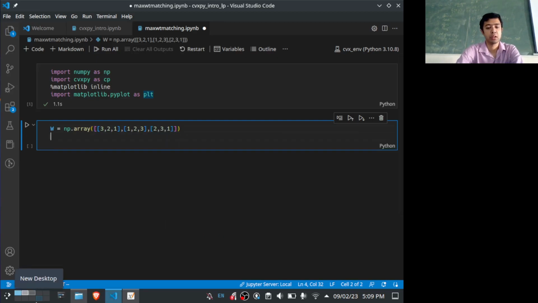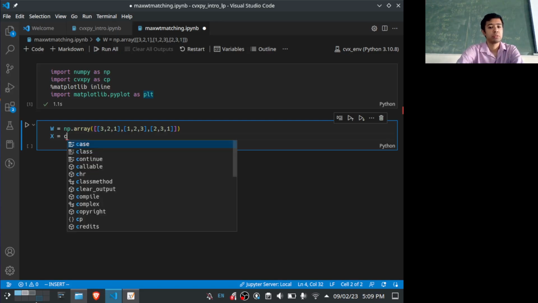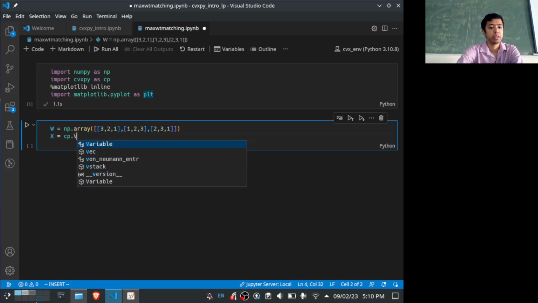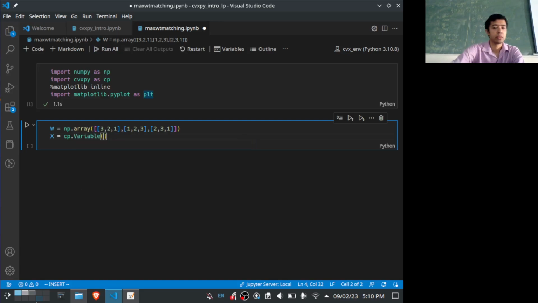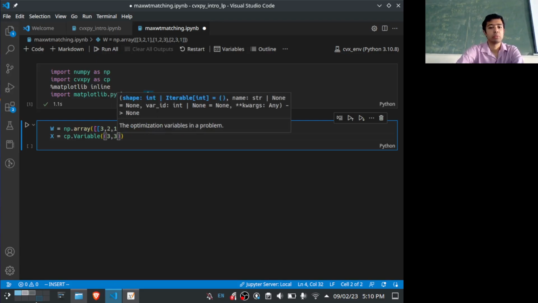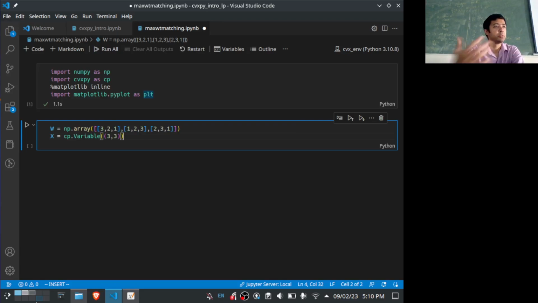Right, and okay, tell me how would I code this up? I first have to define my variables. So how do I declare a variable? It's cp.Variable((3, 3)). Right, my variable is basically a 3 by 3 matrix.